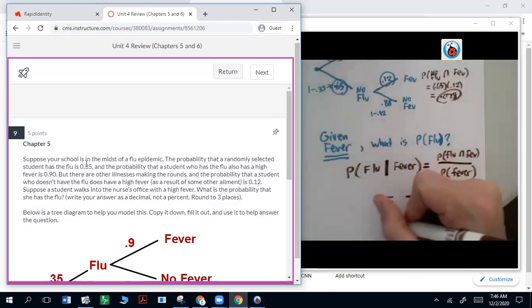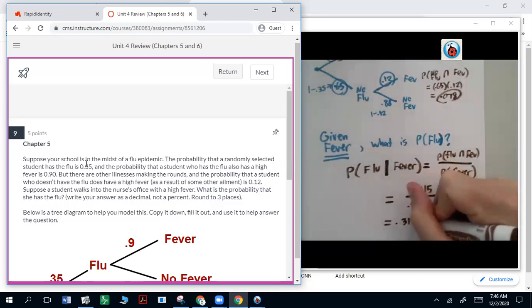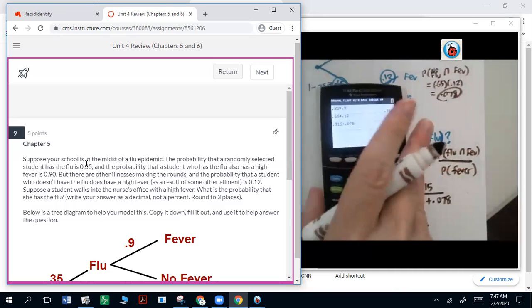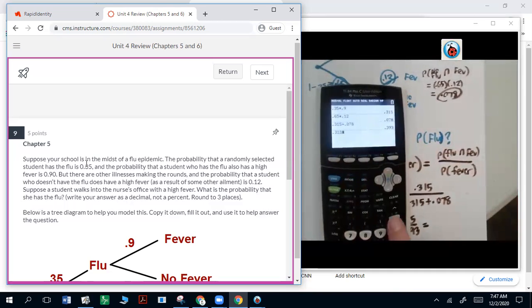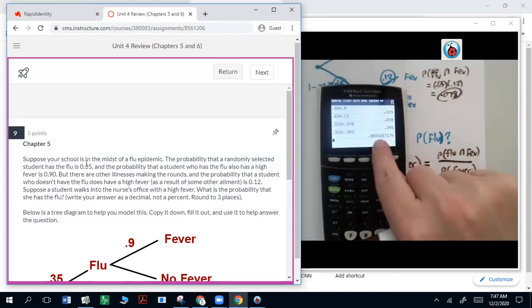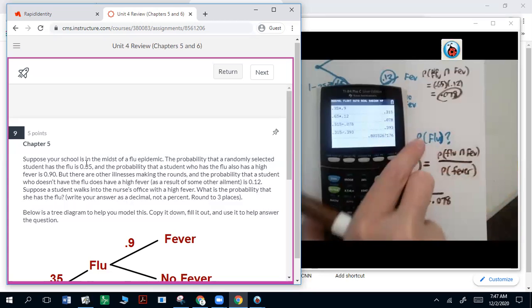So this problem becomes 0.315 divided by 0.393. And that's 0.8015.